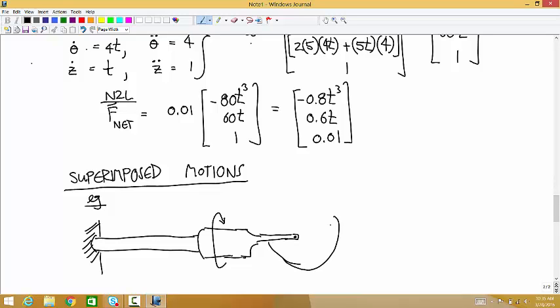And then connected to the rotating piece is a disc that's rotating this way.